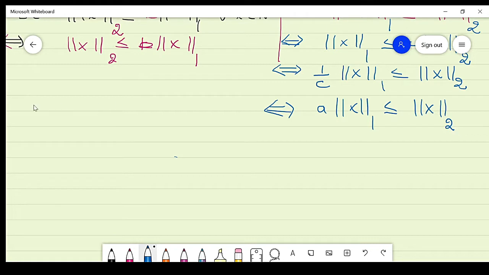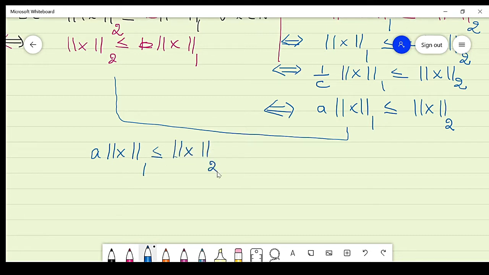Now when we combine these two results, we get A norm of x1 less than or equal to norm of x2 less than or equal to B norm of x1 for every x belongs to N. We get this because T and T inverse are bounded linear transformations. So that's why we get this result.